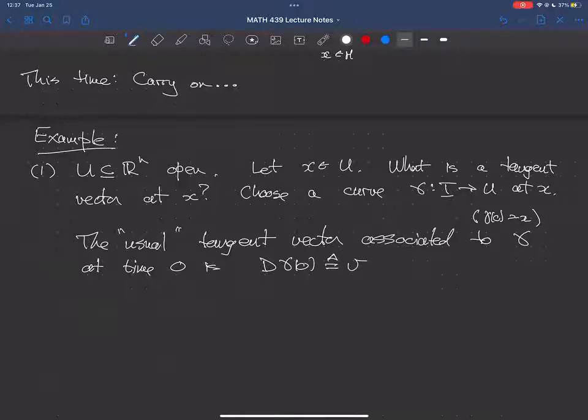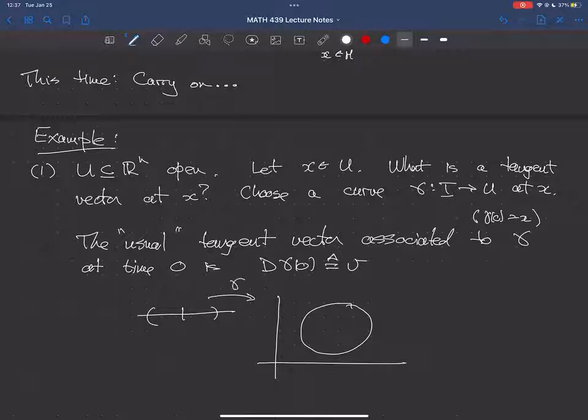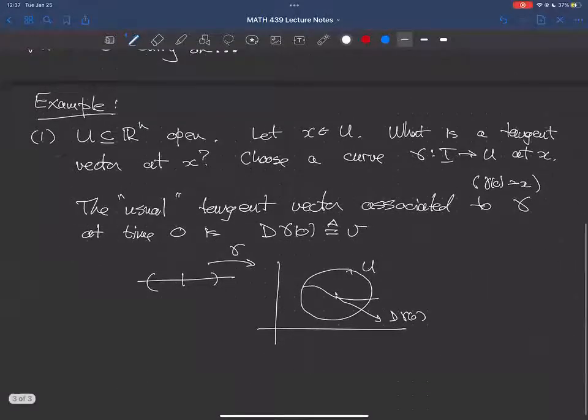The picture here is very simple. Because our manifold is already sitting in Euclidean space, that simplifies the generalities, because we have the natural identity chart. Here's our subset U, and we have a curve gamma which goes through there, and it has a tangent vector d gamma at 0.